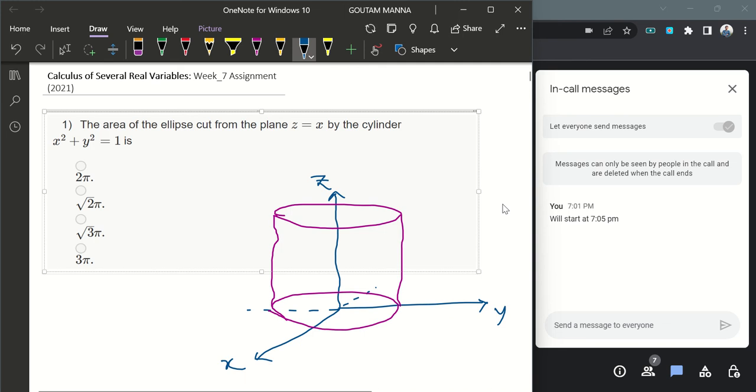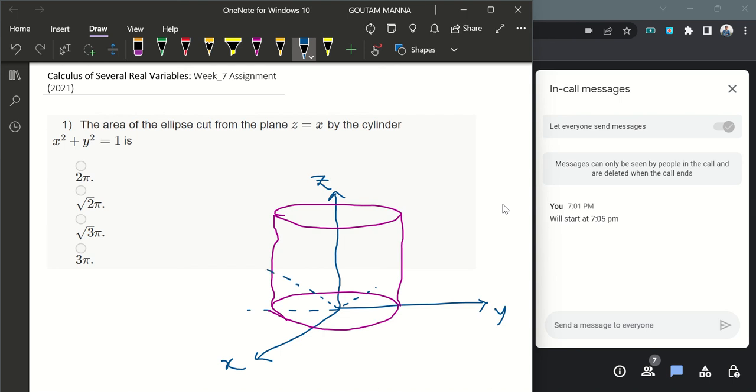So that means in this xz plane it will cut it like this. So it will basically look like this.